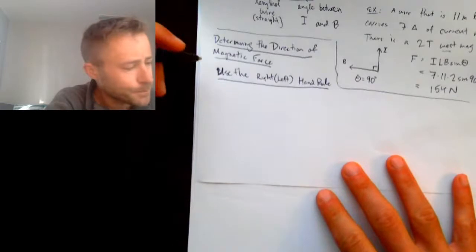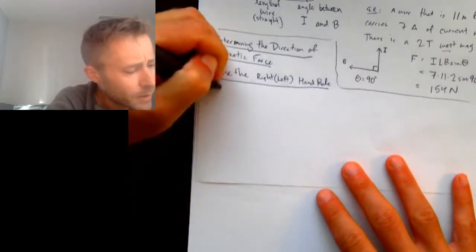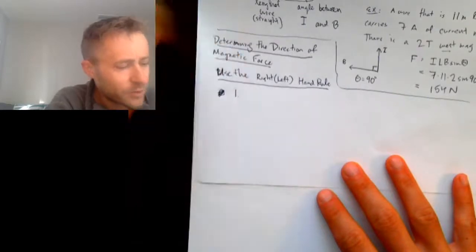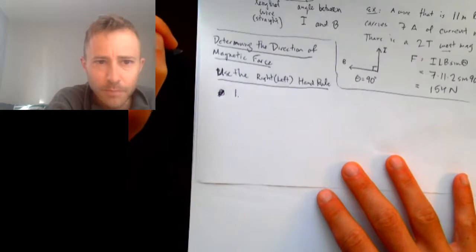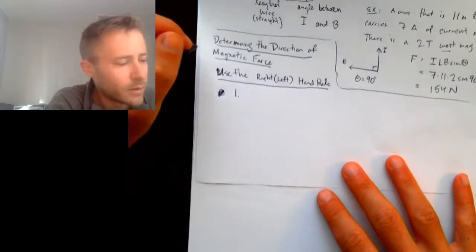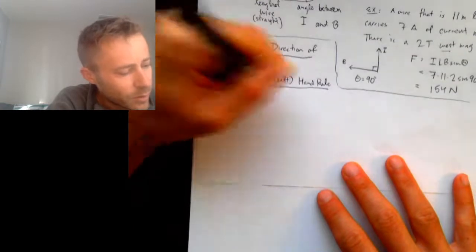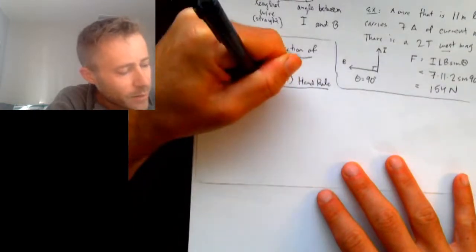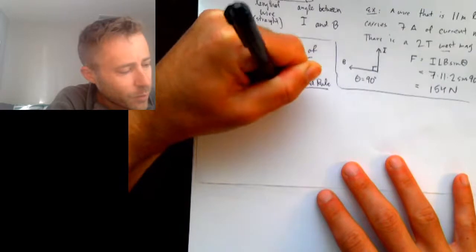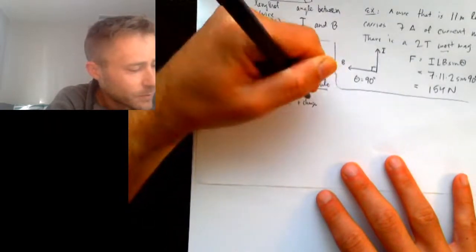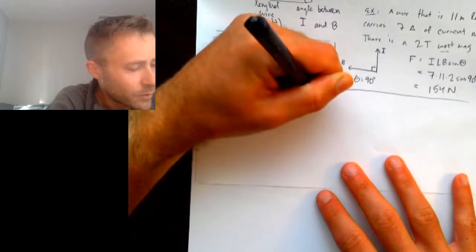The first step in the rule is that you are going to use your right hand for positive charge or currents.